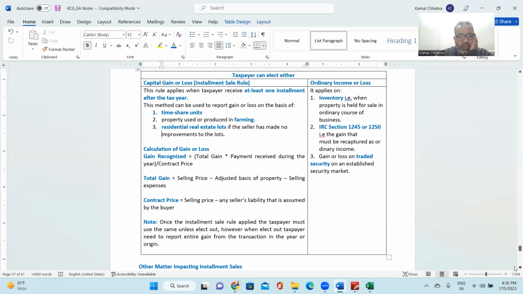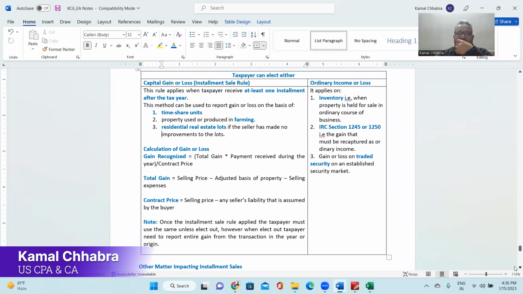The next note here is: once the installment sale rule is applied, the taxpayer must use the same rule unless elected out. That means once you have adopted the rule for tax purposes, you cannot go back. If you want to go back, when electing out, the taxpayer needs to report the entire gain from the transaction in the year of origin.